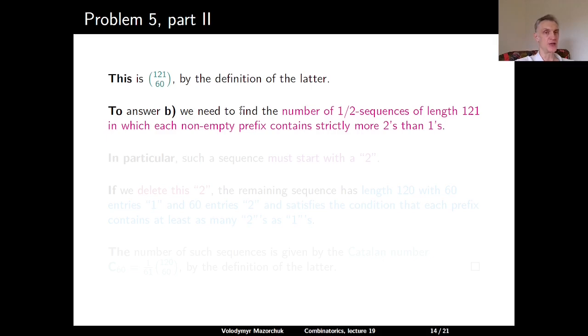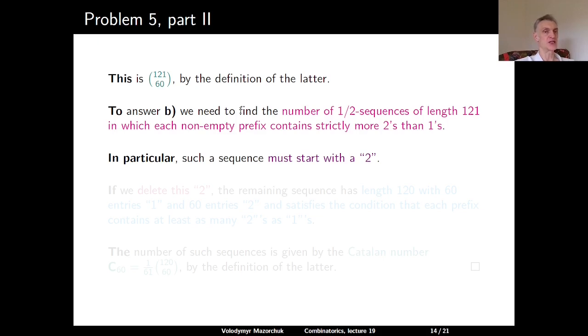To answer part B, we need to find the number of such sequences. So the sequence has length 121, each entry is either 1 or 2, but such that Team 2 leads all the way. So the condition for the sequence is that in each non-empty prefix, the number of 2's is strictly greater than the number of 1's. So in particular, such a sequence must start with a 2.